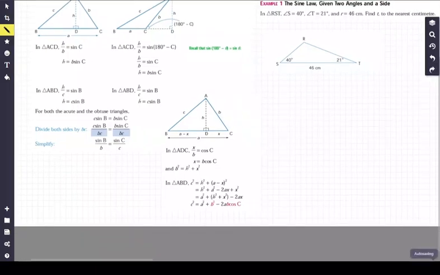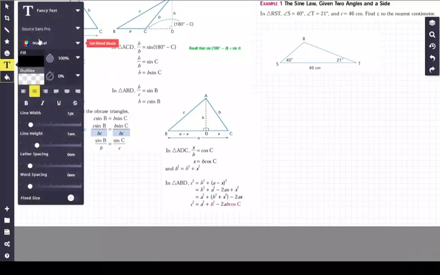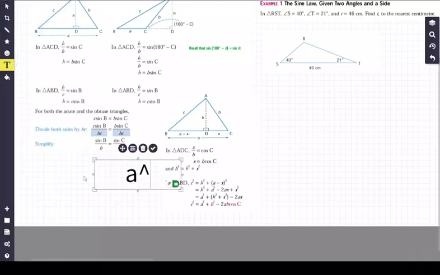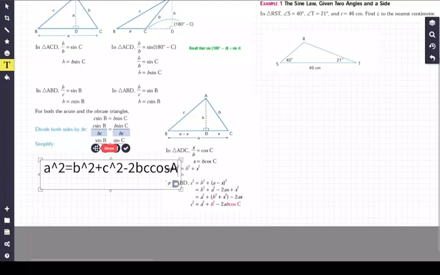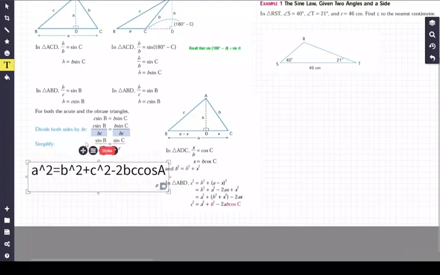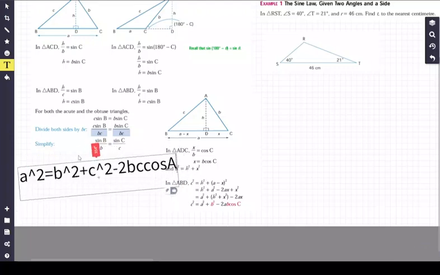The cosine law usually comes in the format of, I'm going to write it out here, a squared is equal to b squared plus c squared minus 2bc cos a. So essentially, you can use this to find a side or to find an angle, pretty much you can find anything in there.